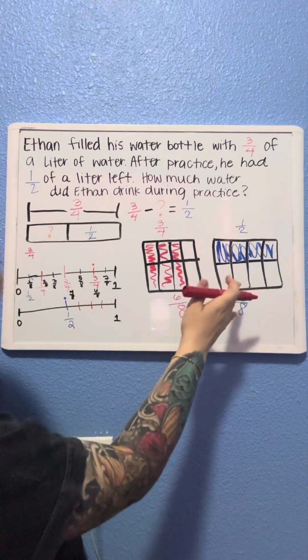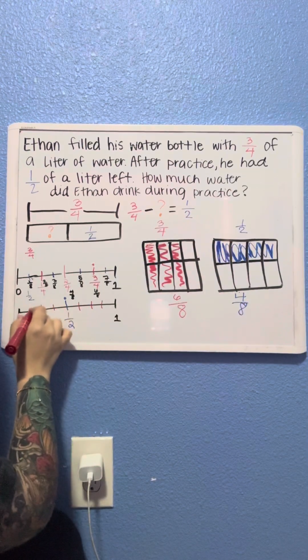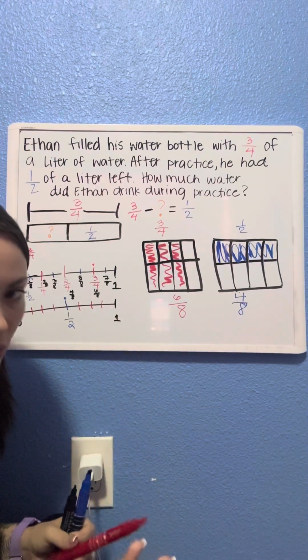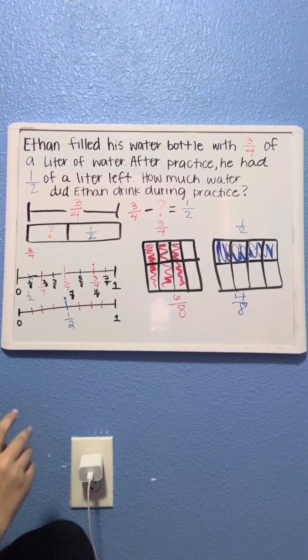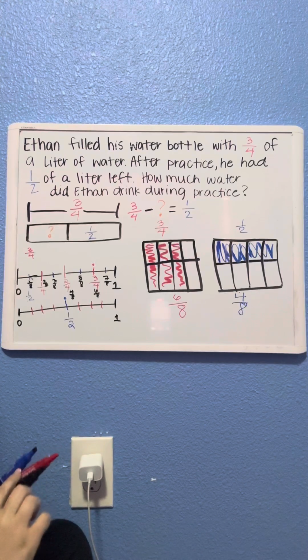Well, it was 3 lines, but 4 spaces. Yeah, that makes more sense. Because if we drew 4 lines, then it would be 5ths technically. So you got to remember that, okay? So now this number line is eighths as well.